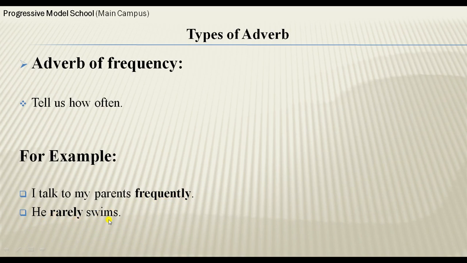How often does he swim? Rarely. You always complain. So the words frequently, rarely, always, usually, often, sometimes, never, etc. These all are the examples of adverb of frequency.